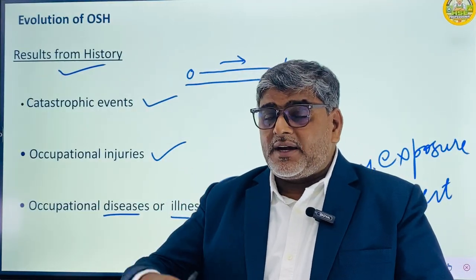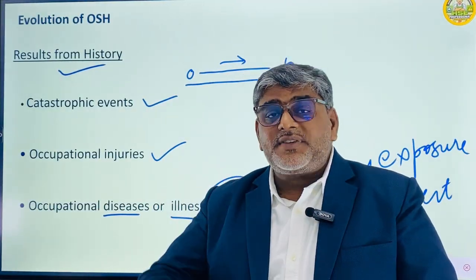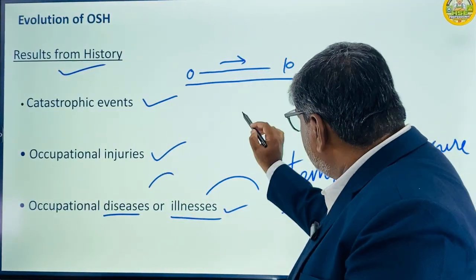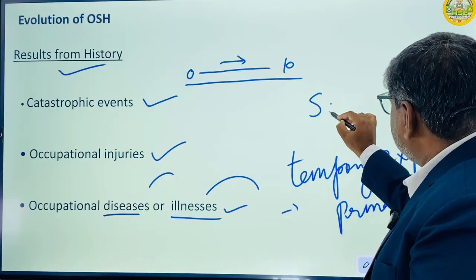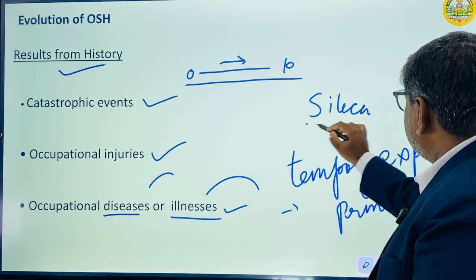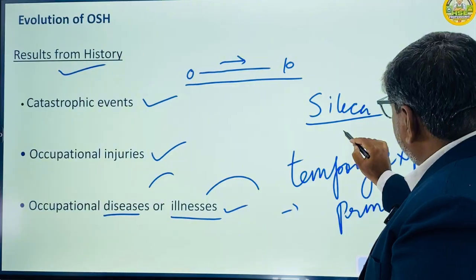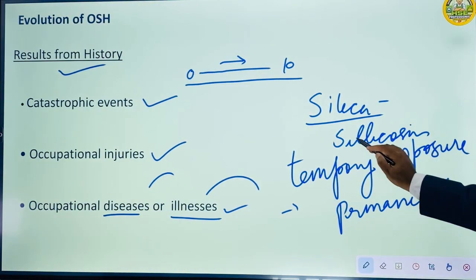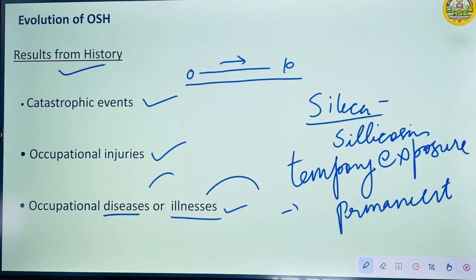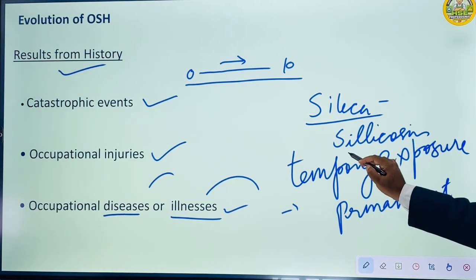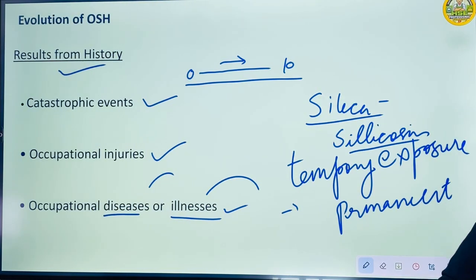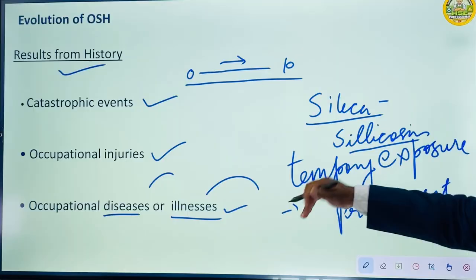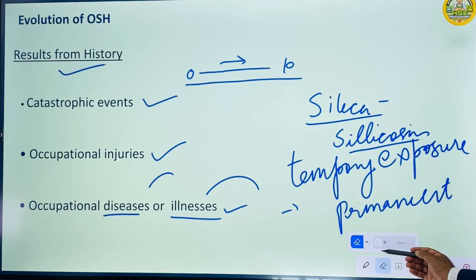That is called disease. Now suppose someone is exposed to silica. The disease that occurs is called silicosis. This disease doesn't occur suddenly; it takes some time to occur. We will study it in detail in the next slide with some pictures.